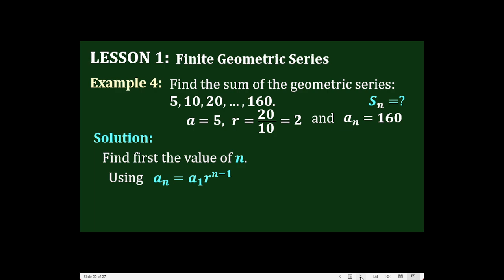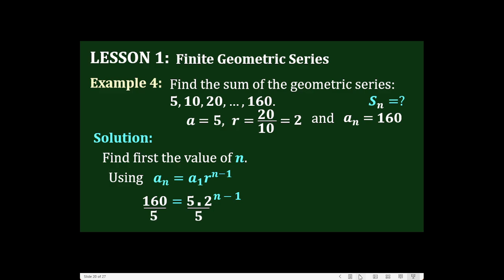a sub n equals a sub 1 times r to the n minus 1. Substituting the given values, 160, that is a sub n, equals 5 times r, which is 2, raised to n minus 1. You will notice both sides can be divided by 5.